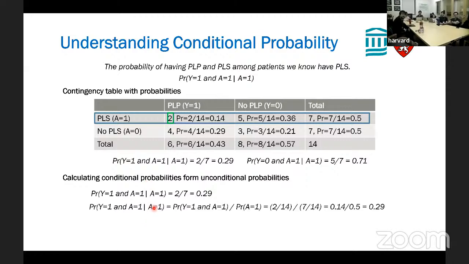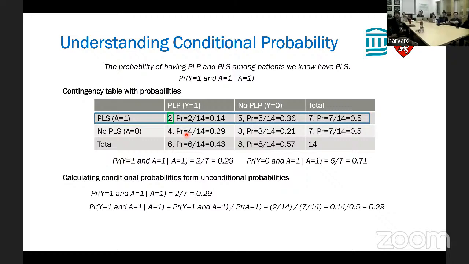Now what you could do is replace this: instead of 2 divided by 7, you will have 2 over 14 divided by 7 over 14, which is actually the joint probability divided by the marginal probability.